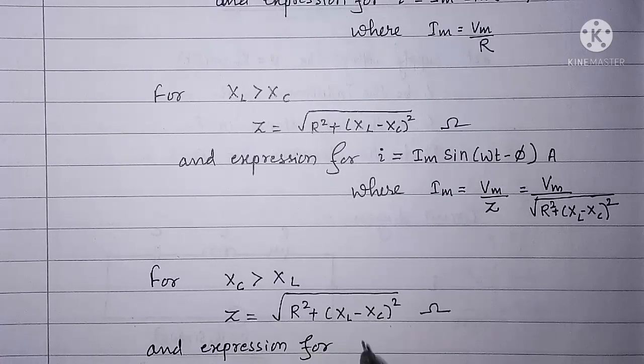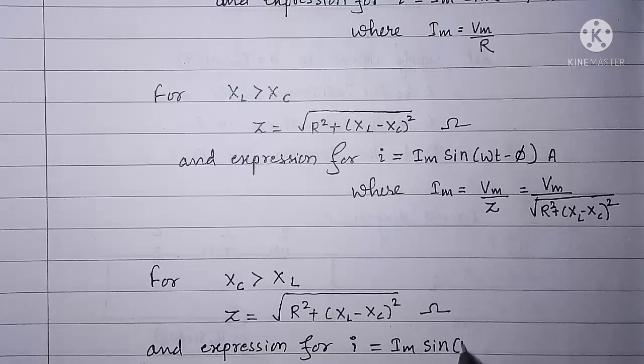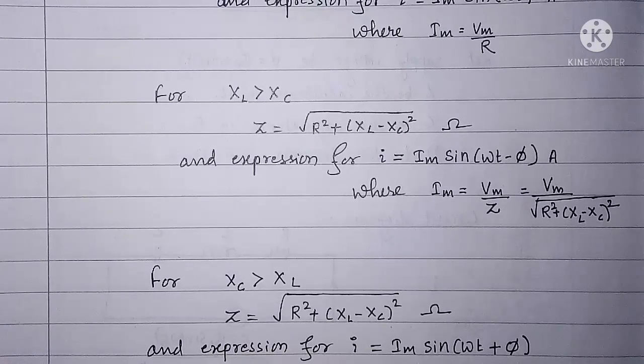And expression for current I will become Im sine of omega t plus phi.